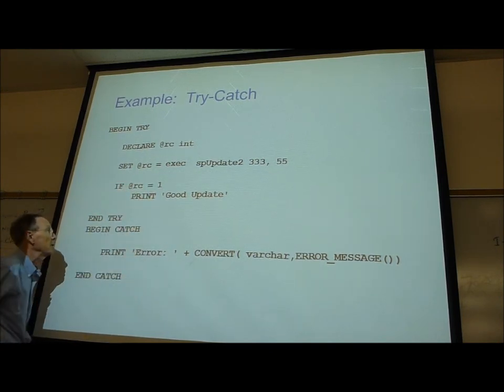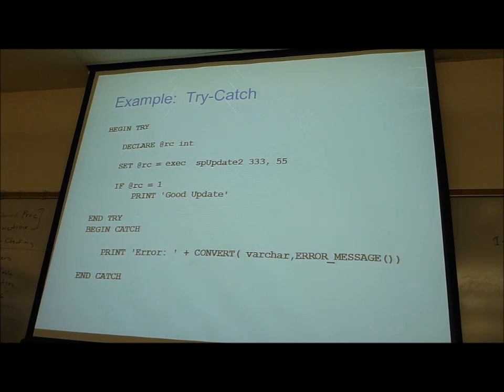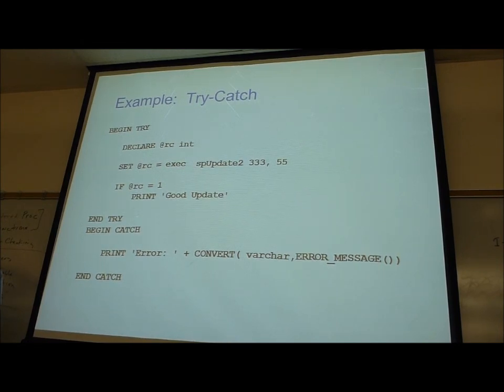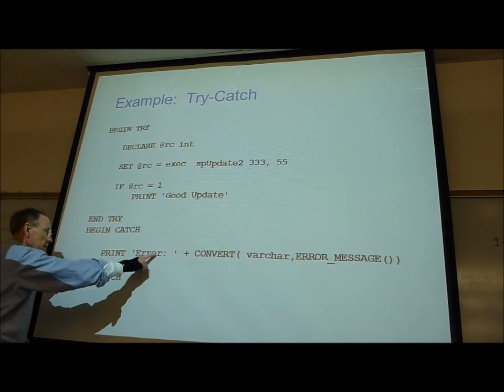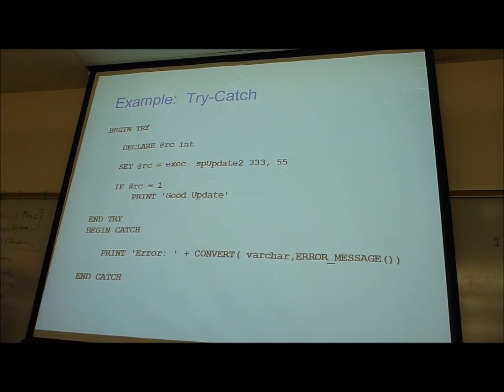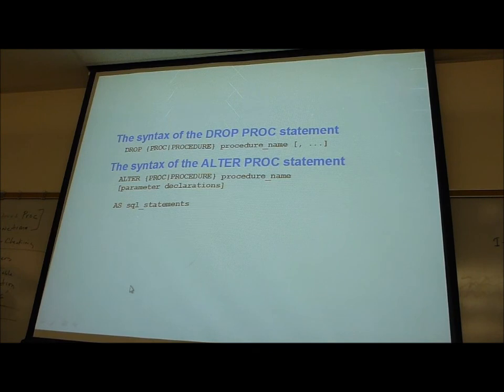And now we're going to check to see if that variable is 1. If it's 1, that's what we were expecting. A good update, because we updated one record. Otherwise, we'll just put the error message down. That's the block.